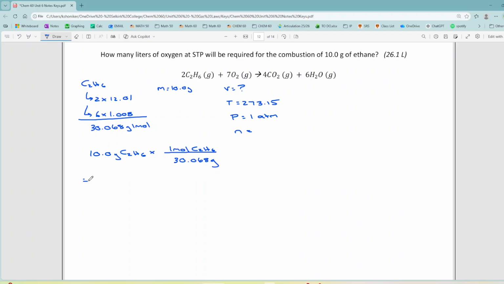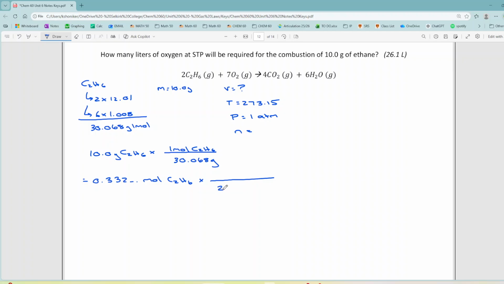And then we plug it in. 10 divided by that answer gives me, to 3 sig figs, 0.332... moles of C2H6. Now again, it's funny, I usually remember to keep going because I know I'm going to moles of something else, but for some reason in this video I'm not. So now I'm going to take that and I'm going to go to moles of oxygen.